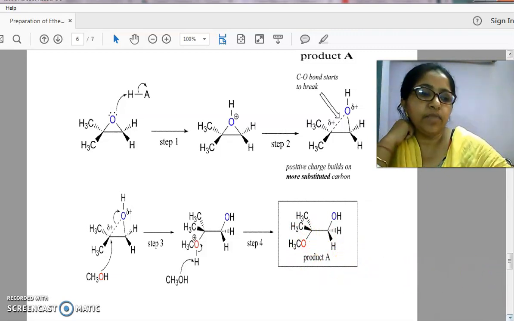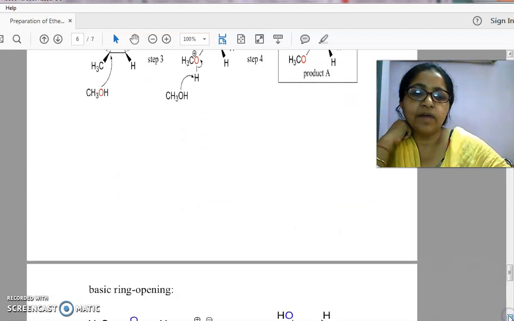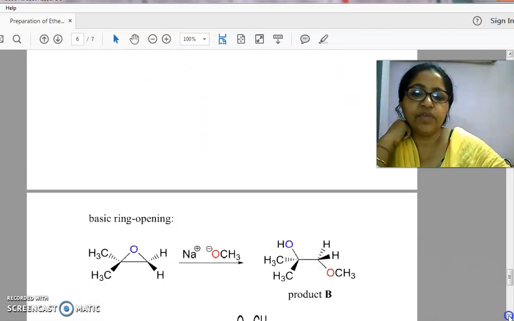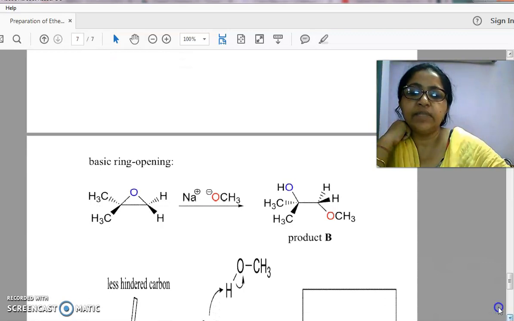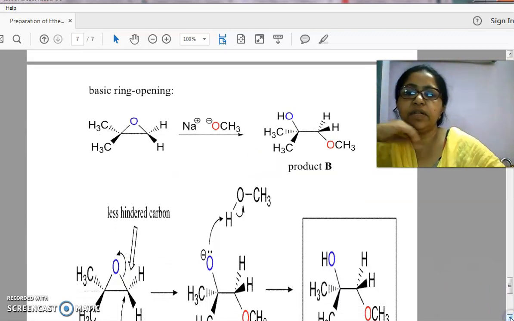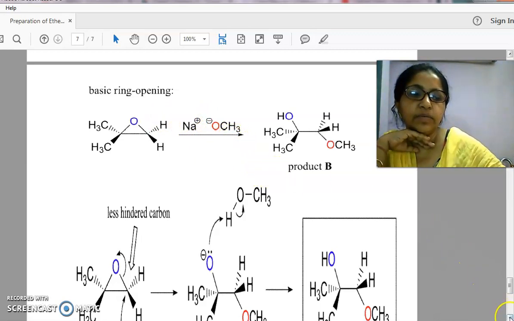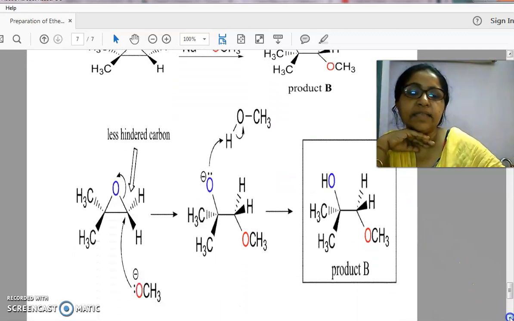Now if the same reaction is done but not in the presence of acid, then we get a different product. Okay, let's see this also, even though it is not there in the course. Okay, the basic ring opening. So in this condition you have a base here. This base will be attacking that particular carbon which is less crowded.